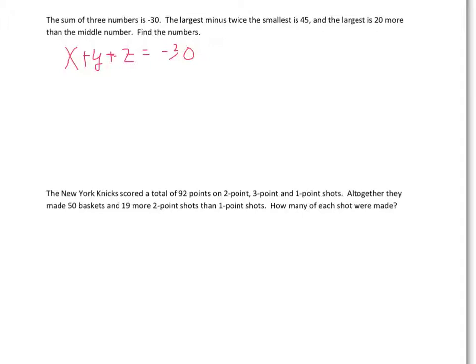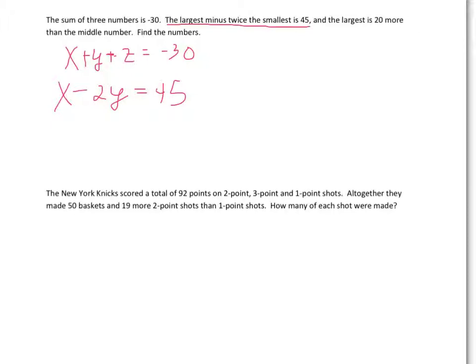Now, it doesn't matter what the largest or smallest or middle number is, but once we define this right here, that will dictate what the largest and smallest are. So the largest minus twice the smallest. Let's say the largest is X minus twice the smallest. Let's say the smallest is Y, minus 2Y. So the largest minus twice the smallest equals 45.